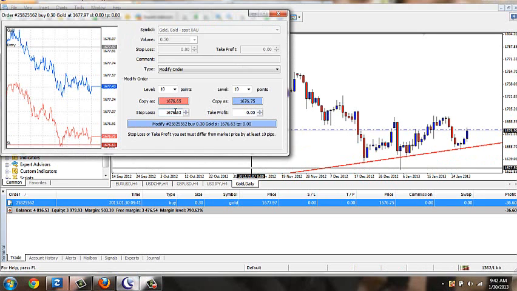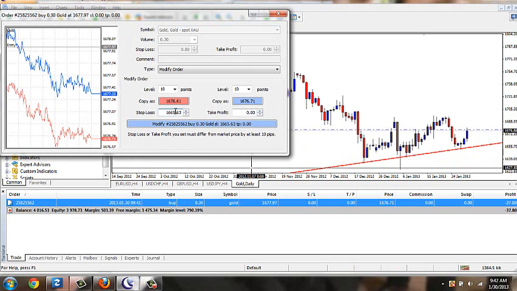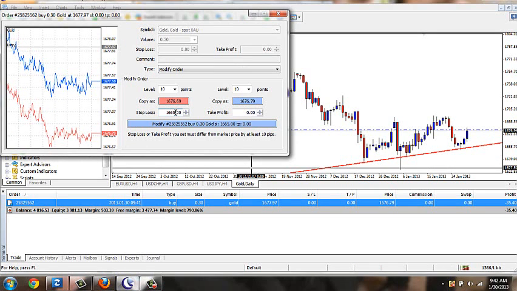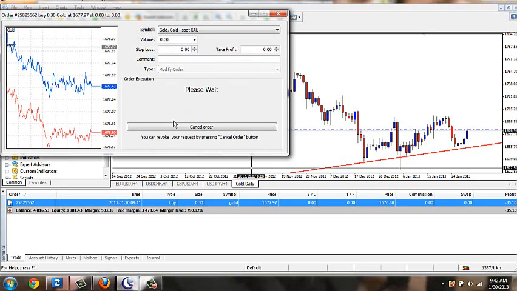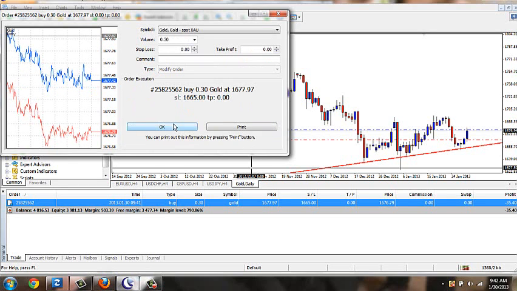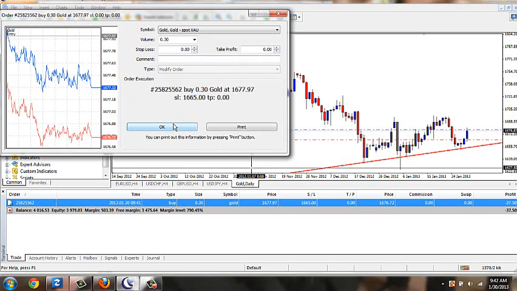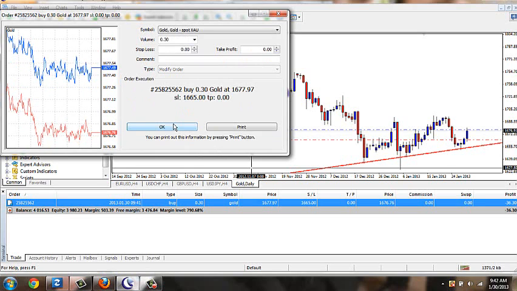The reason why I'm doing that is because of my experience in the field. Currently it's above the pivot. The pivot for gold for the day, everything is explained in our course. The pivot for gold for the day is 1660.